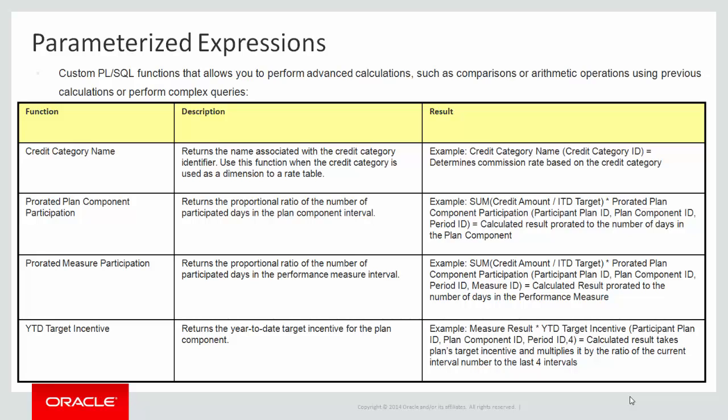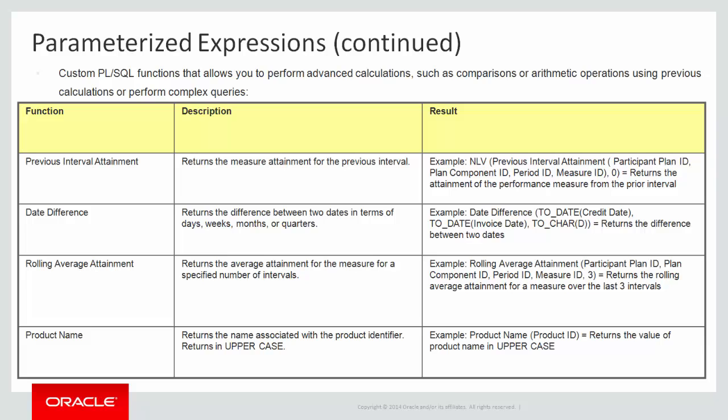In this list here, we can see proration based on the plan component, as well as participation in the performance measure. There are also parameterized expressions around year-to-date target incentives, as well as functions used to determine the previous interval attainments, date differences, rolling average attainments, and product names.